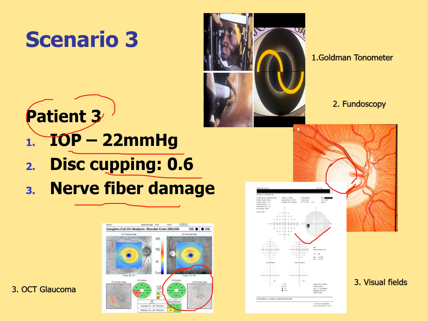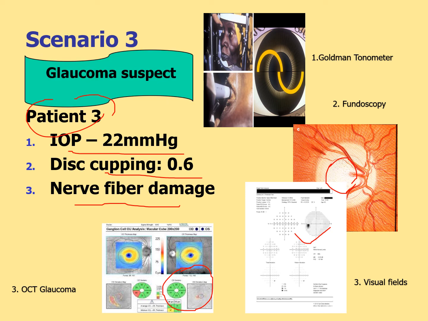Now this patient has got slightly more intraocular pressure, slightly increased cupping, but normal visual fields and normal OCT. So this is a type of patient we call glaucoma suspect, that the patient may have got glaucoma but hasn't yet developed clinical signs, so we need to keep the patient under observation.